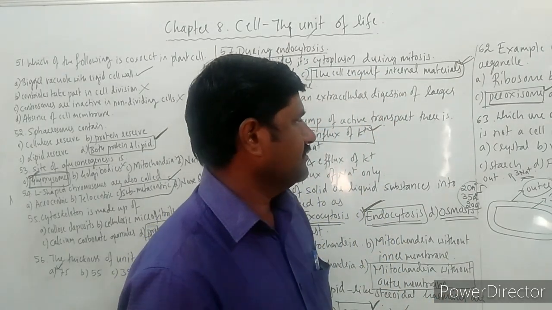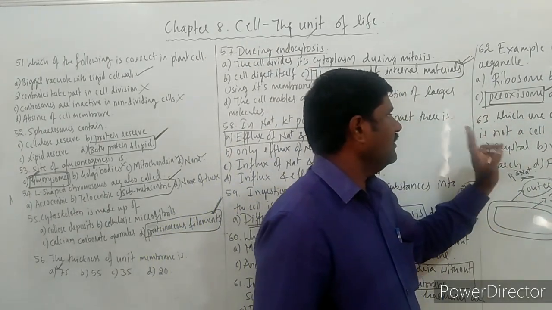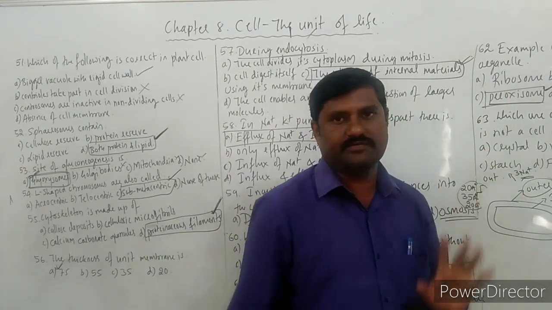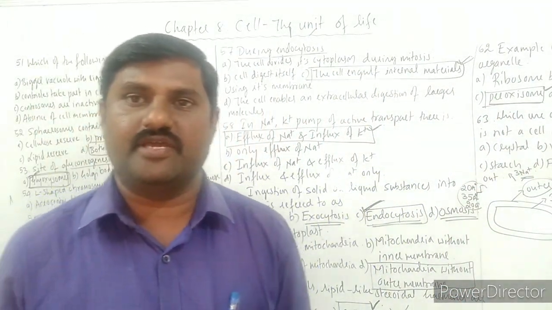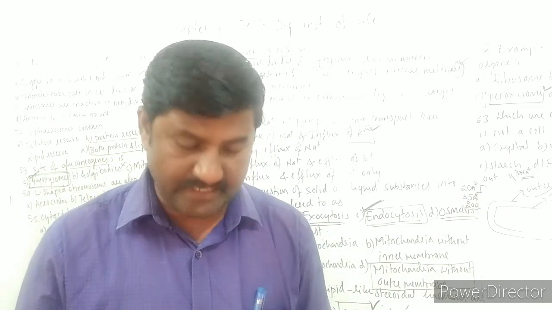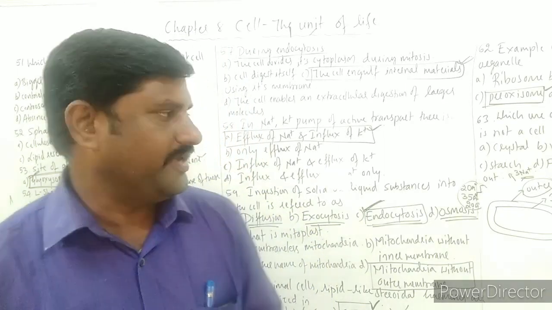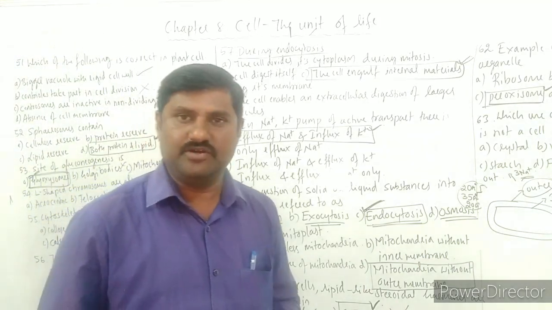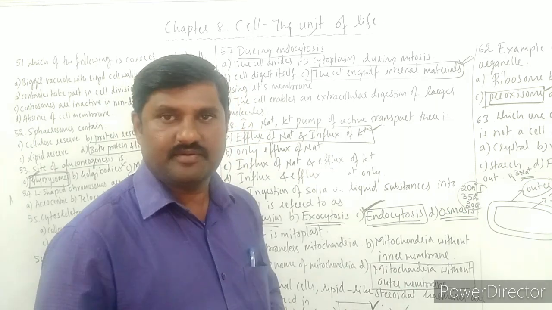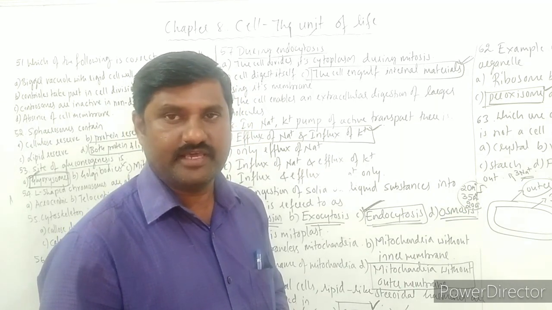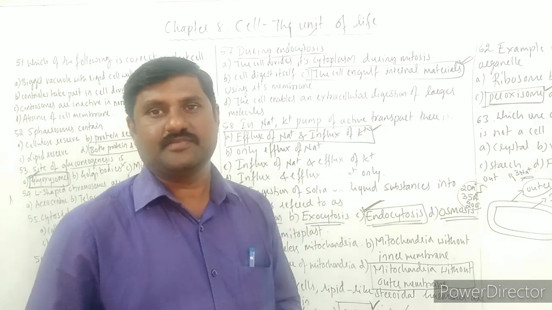Next question. See here, which one of the following is not a cell inclusion? Many cellular inclusions that we come across are present inside the cytoplasm itself, right? So there may be some fat droplets, starch is also there, some crystal materials are also there, but one more is vacuole.